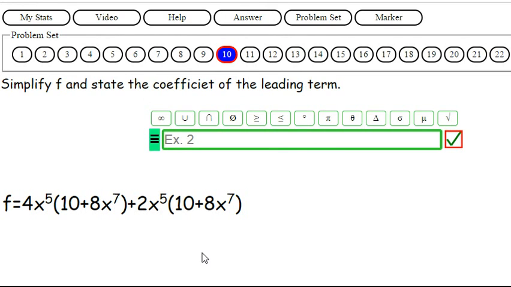4x to the 5th times 10 plus 8x to the 7th, plus 2x to the 5th times 10 plus 8x to the 7th. I don't know, I can't remember if we've done any factoring yet, but I don't believe we have.